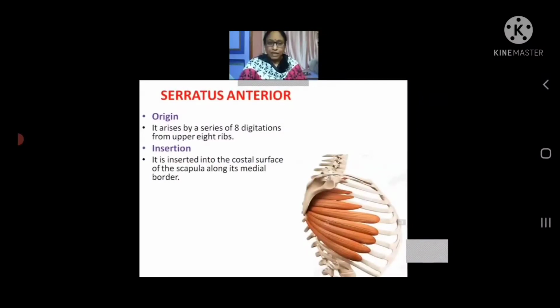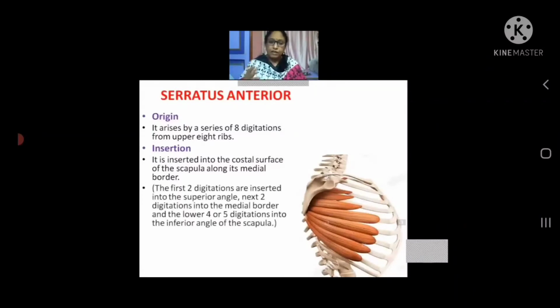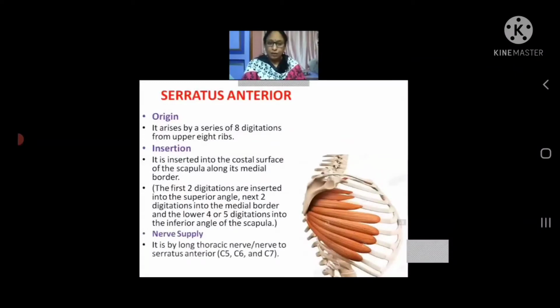Of this insertion, 2 digitations are inserted to the superior angle along the medial border of the costal surface, 2 digitations into the medial border, and the lower 4 to 5 digitations into the inferior angle of the scapula. The nerve supply is the nerve to serratus anterior, or long thoracic nerve.